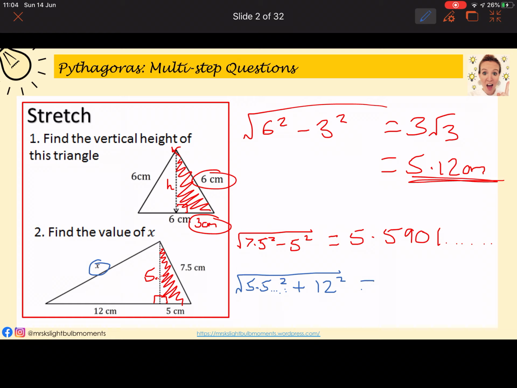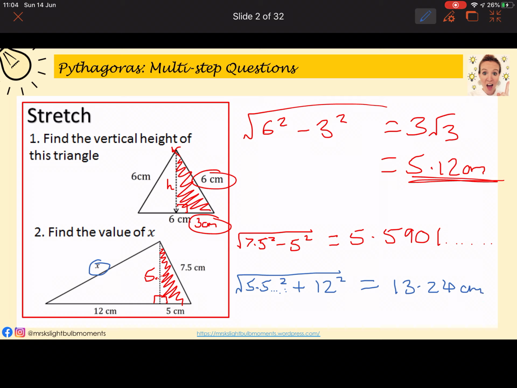Then it will give me the exact answer rather than rounding halfway through. So on my calculator, I'm typing square root button and then answer squared plus 12 squared. That gives me 13.24 to 2 decimal places, and it's in centimetres.